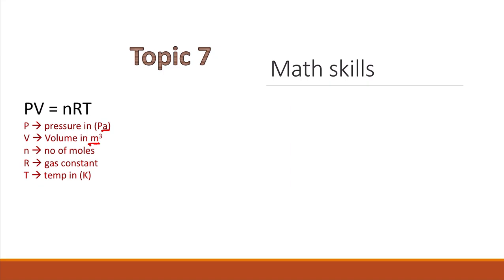If they give it to you in cubic centimeters, you have to divide by 10 to the power 6. And n is the number of moles of the gas, R is the gas constant, which is going to be given to you in the exam, and T is the temperature in Kelvin, not in Celsius.